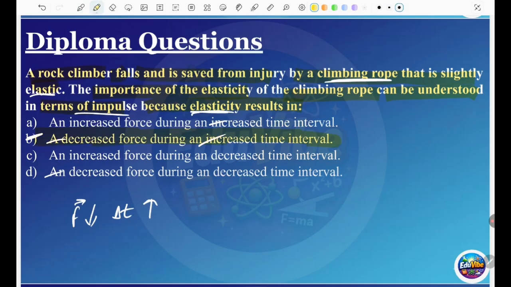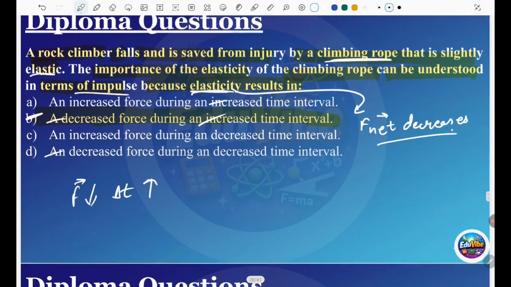Elasticity always decreases the force during an increased time interval. That's why you have to just know that elasticity means the net force decreases and the time increases.